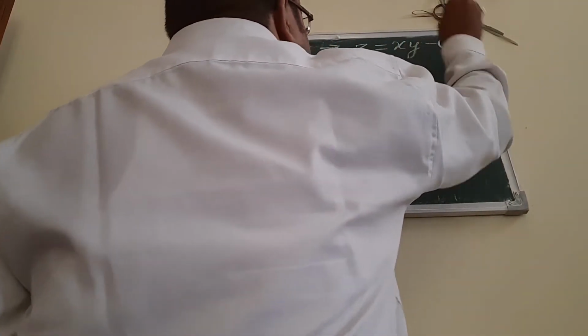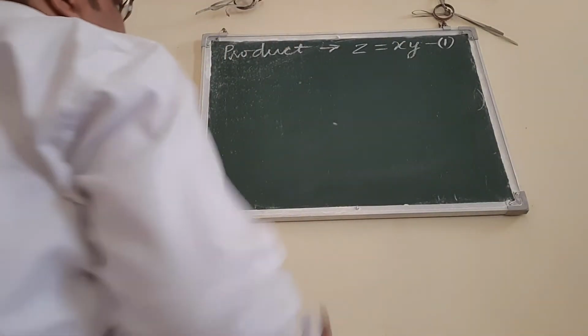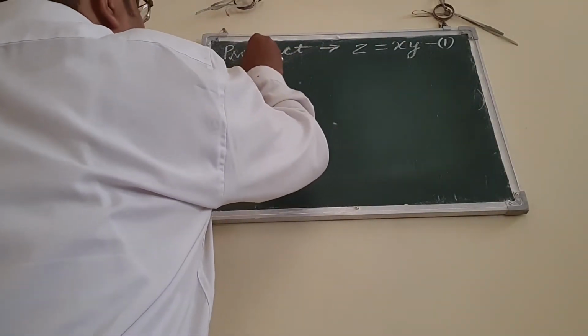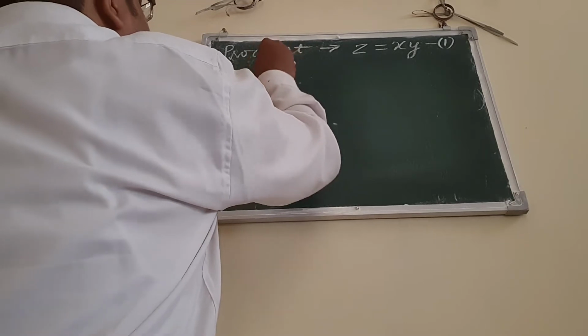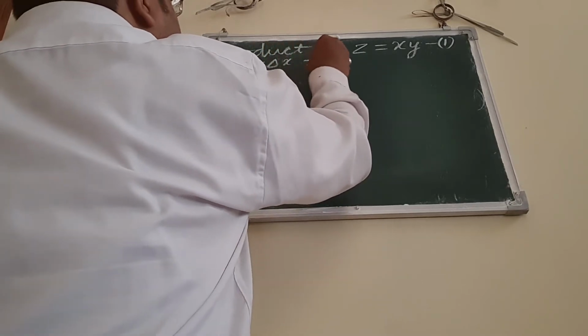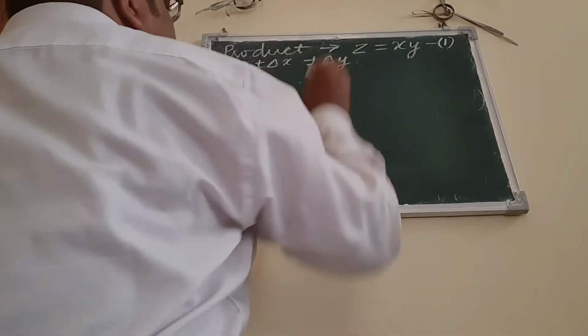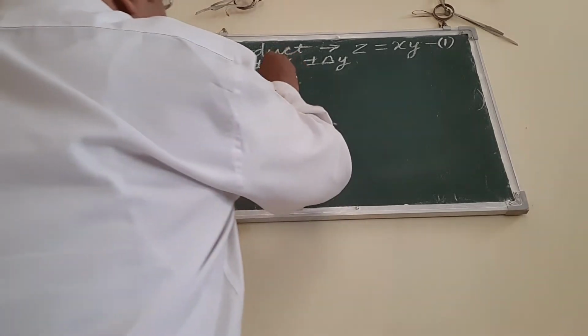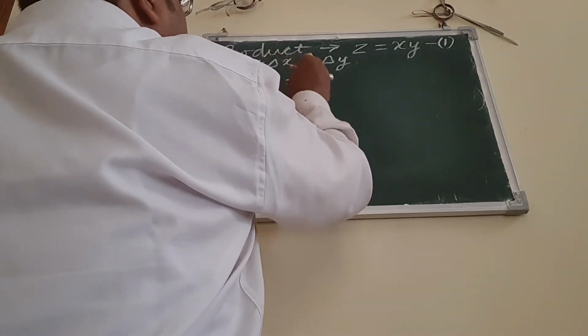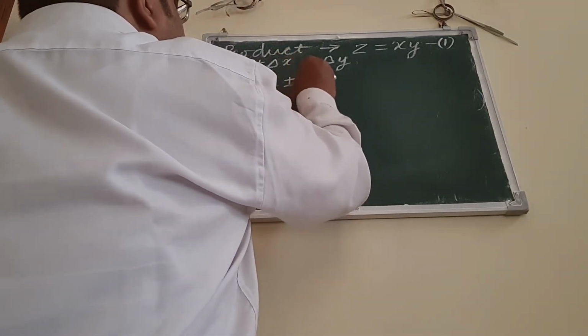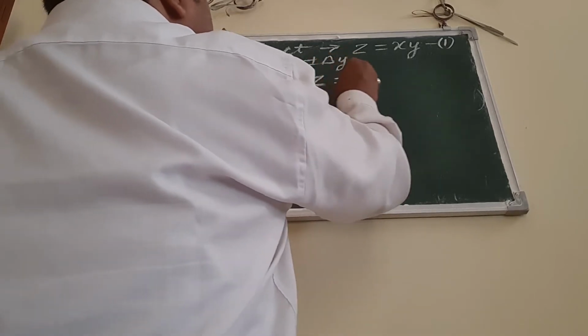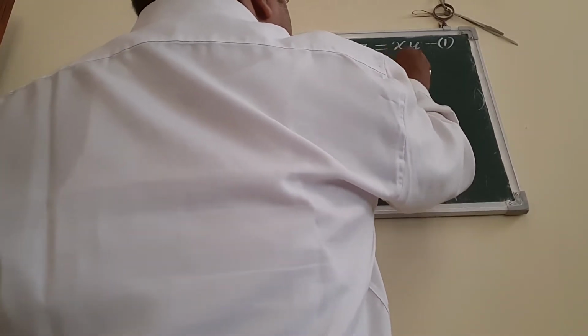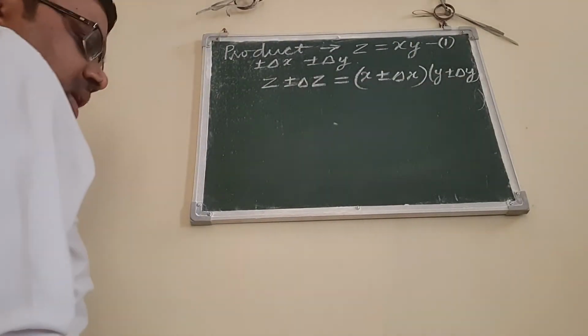So this is our first equation. Now the limiting errors are plus minus delta x and plus minus delta y. So the expression becomes z plus minus delta z equal to x plus minus delta x times y plus minus delta y. So this is our expression.